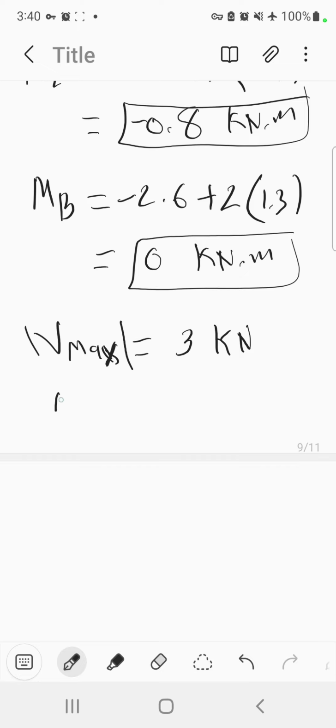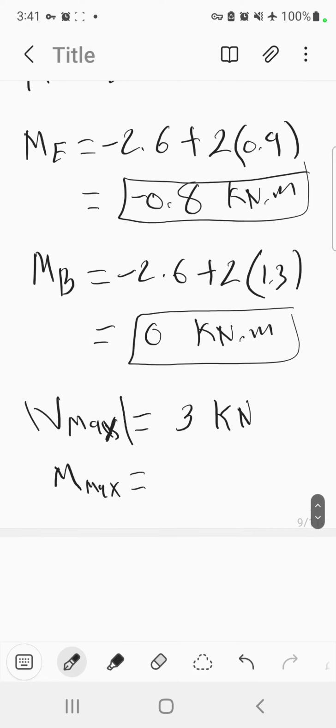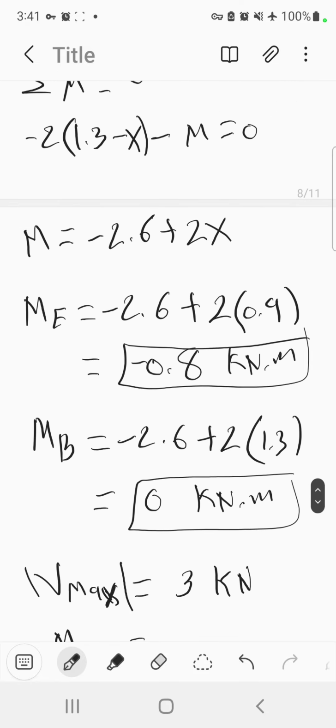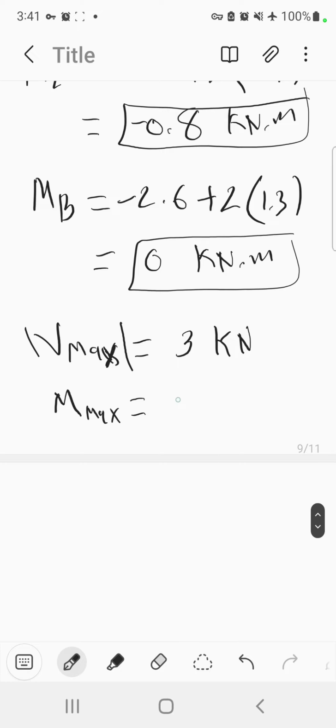And for moment max, the maximum is going to be ME. ME is the highest, which is 0.8. So 0.8 kilo, because it's absolute also. So it's going to be kilo Newton per meter. So we did find the Vmax and moment max by this solution.